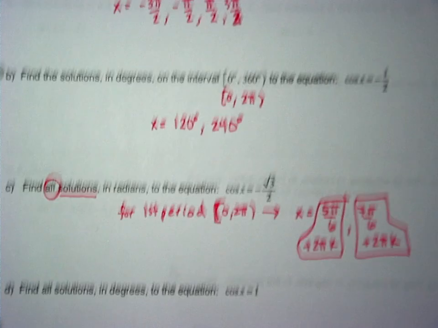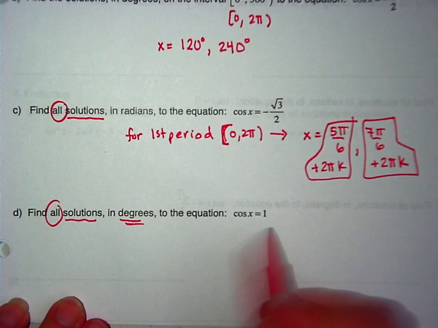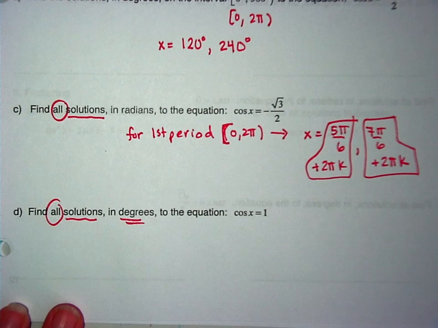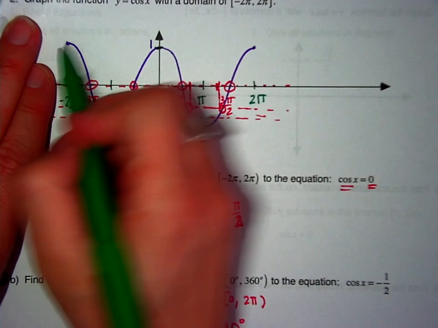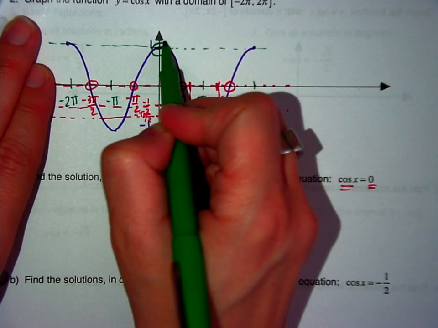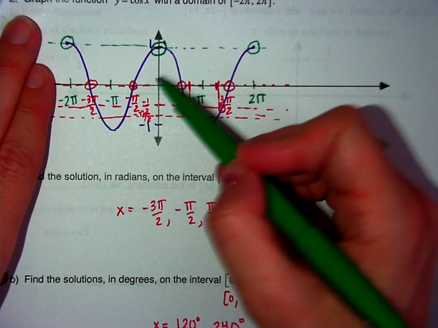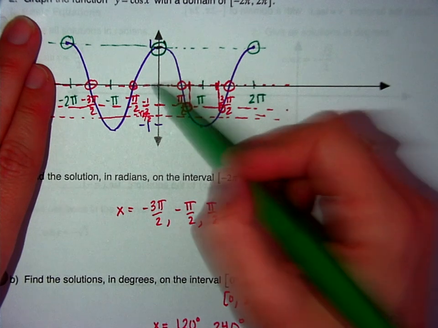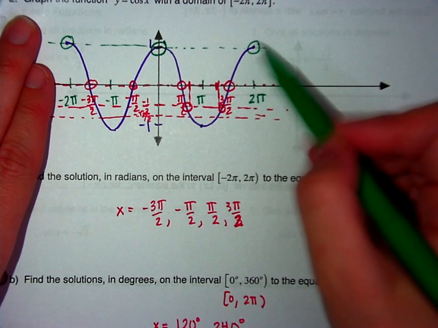Find all solutions in degrees this time to the equation cosine of x equals 1. Well, if I go up to my graph, when is the cosine equal to 1? Well, it's going to be up here. So I see this one, I see this one, I see this one. So again, from 0 to 2 pi, or from 0 to 360, it's really only at 0 and 2 pi, but we don't include that one.